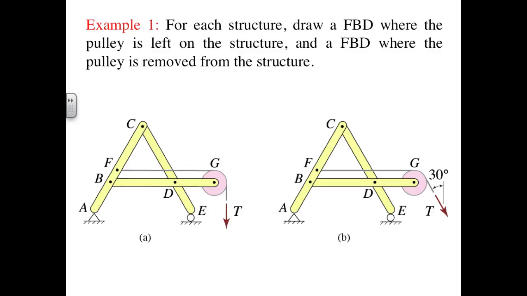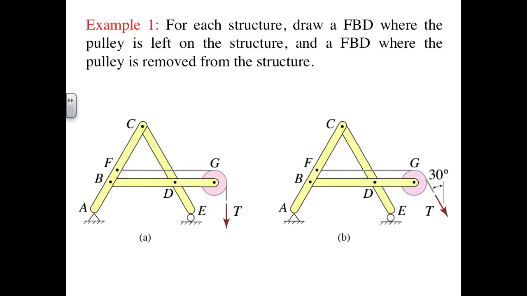We might first note in assemblies such as this, we will eventually be interested not just in the reactions at A and E, but also in the forces communicated between the different members. Those details are left to Chapter 6, but such an analysis often begins with finding the reactions at A and E, so that is our focus today.